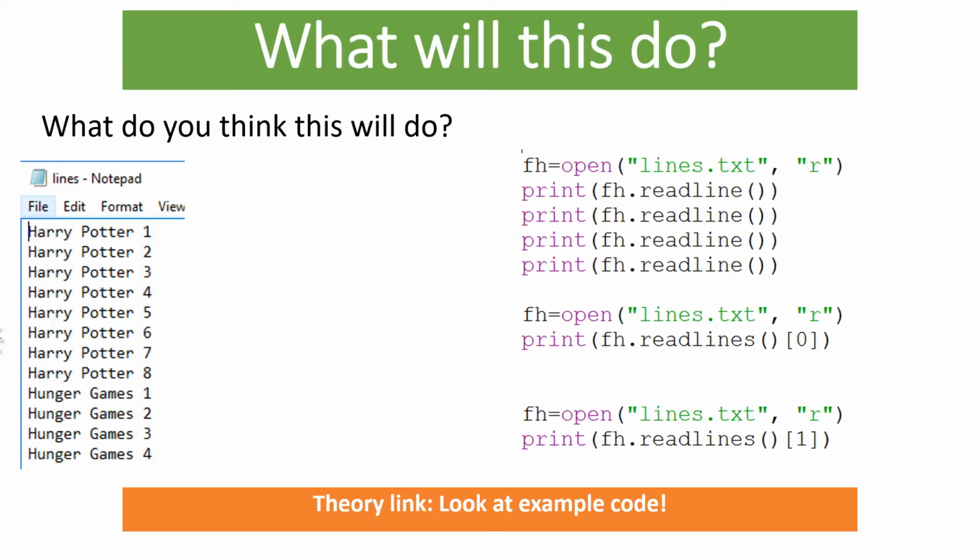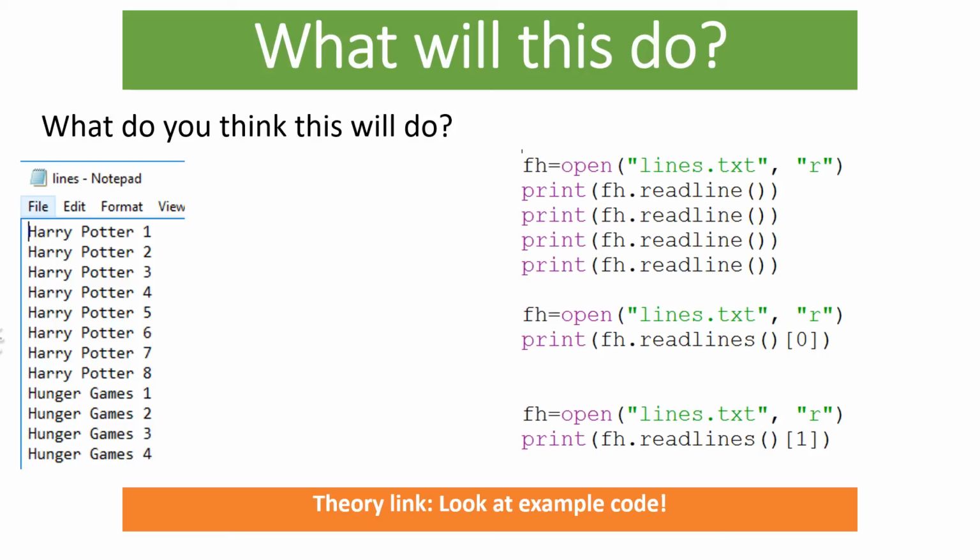We open the file called lines.txt, and see how the .txt, the extension, is needed. We have a comma and then we have R after it. The R stands for read. This opens the file so that we can use it.